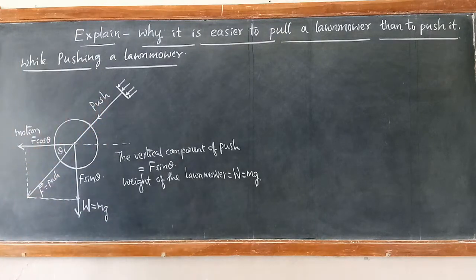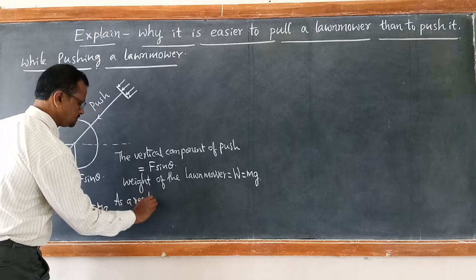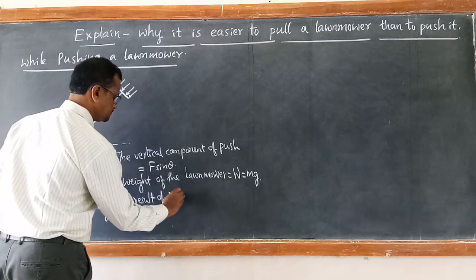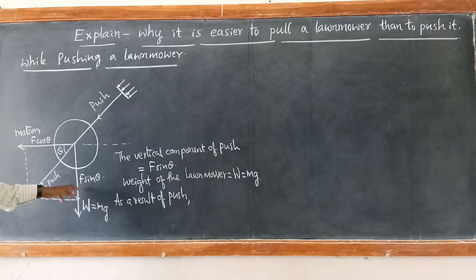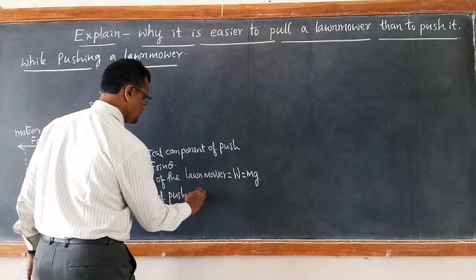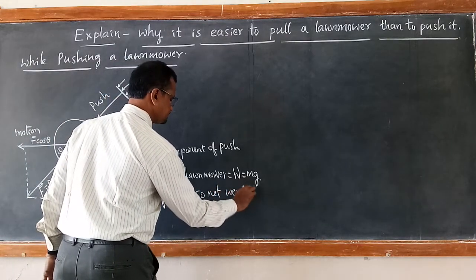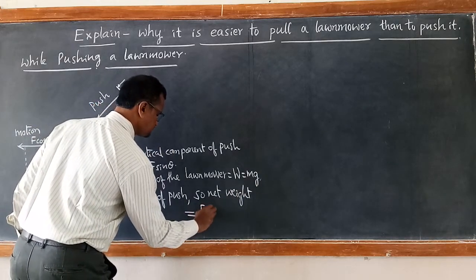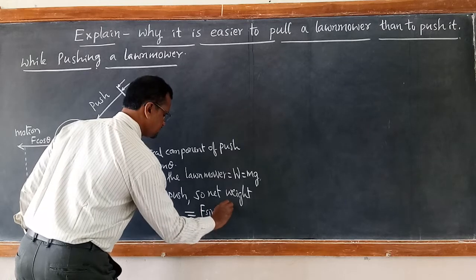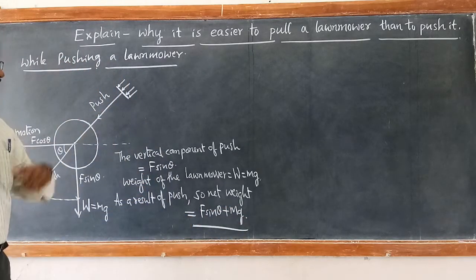As a result of push, the vertical component of push is added to the weight. So the net weight now becomes equal to F sin theta plus mg. So net weight becomes F sin theta plus mg.